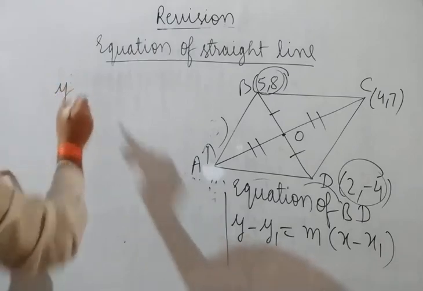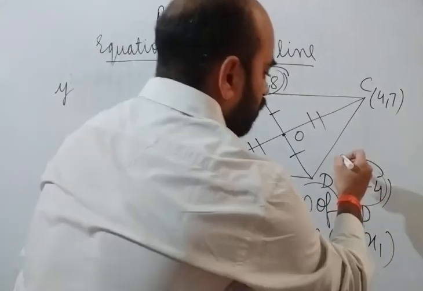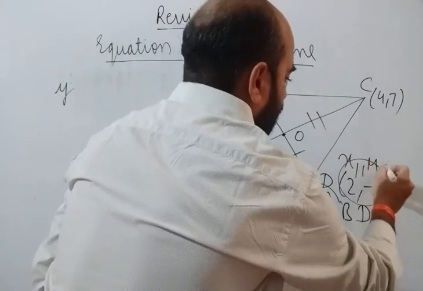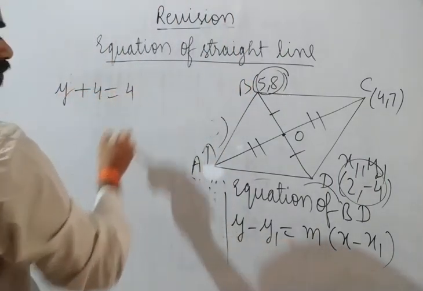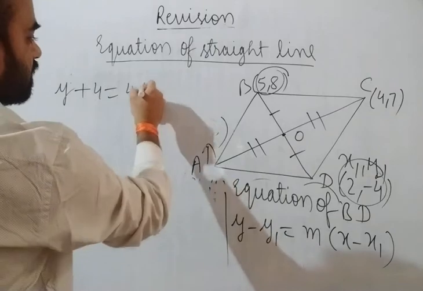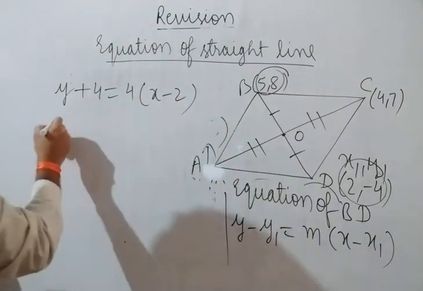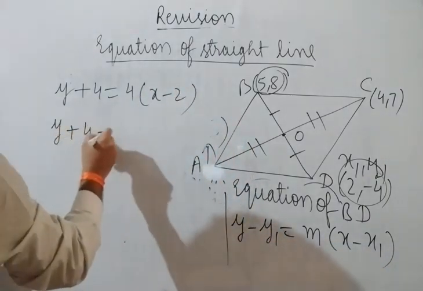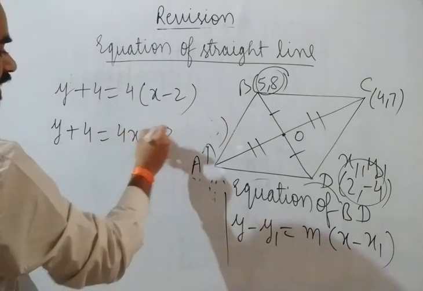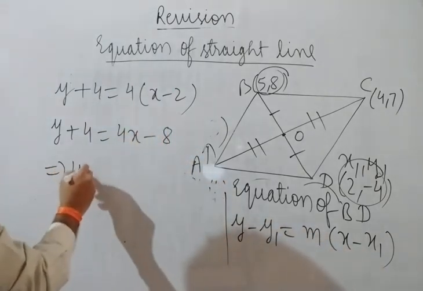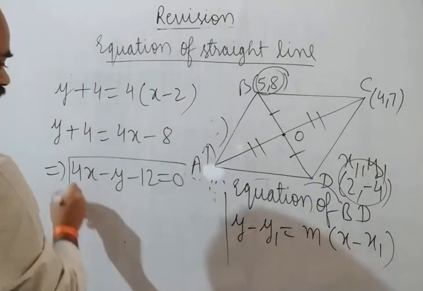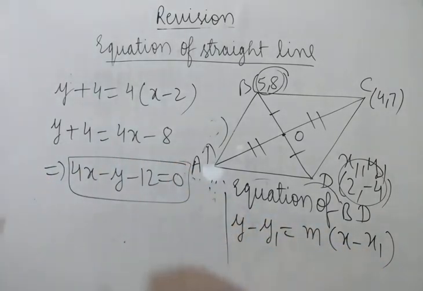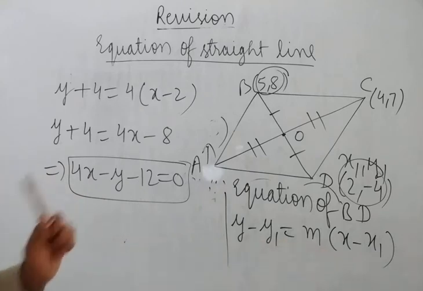Suppose I am taking this point as x1, y1. So y minus y1 means y plus 4 is equal to 4, x minus x1 means x minus 2. So this will be y plus 4 is equal to 4x minus 8. So finally this will be 4x minus y minus 12 is equal to 0. Correct? 4x minus y minus 12 is equal to 0. This is the corrected question.